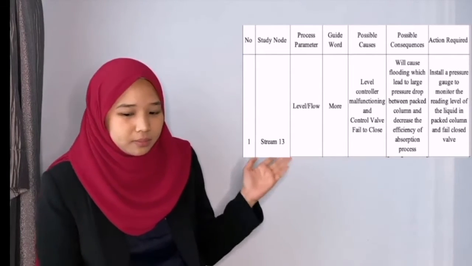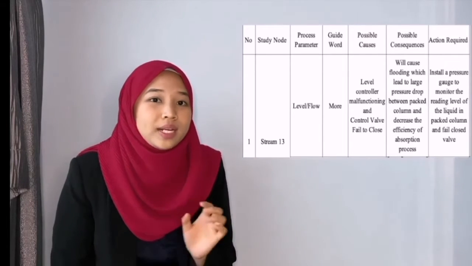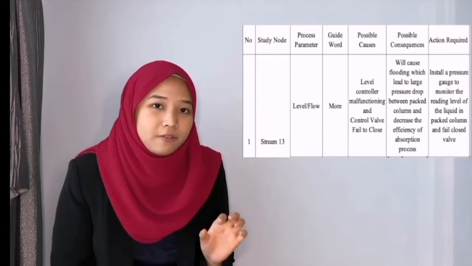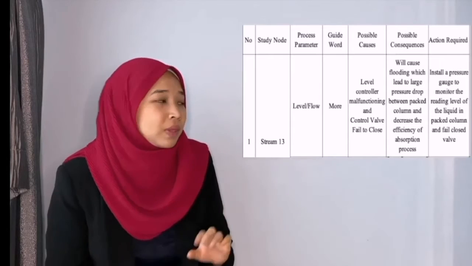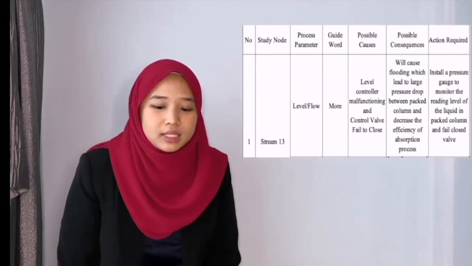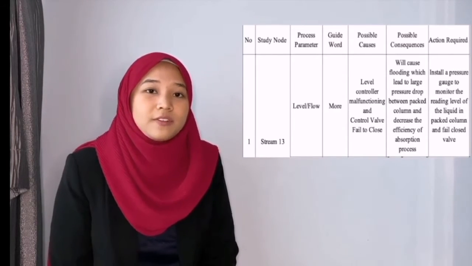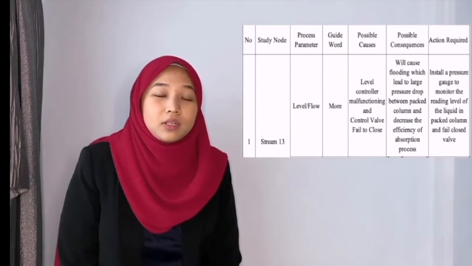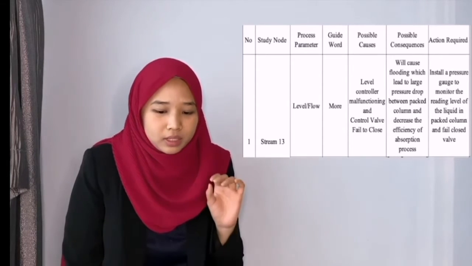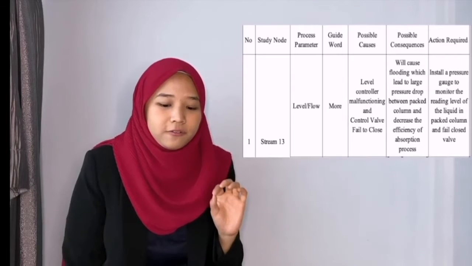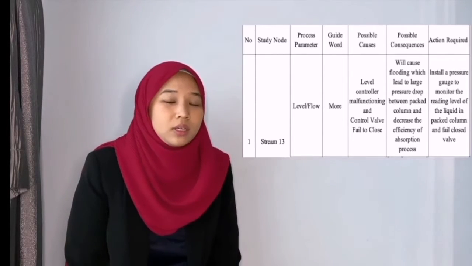The next column is the guide word, which gives guidance about deviation from normal condition. The next columns are the possible causes of the hazard and the possible consequences that can occur if the process deviates from normal condition.